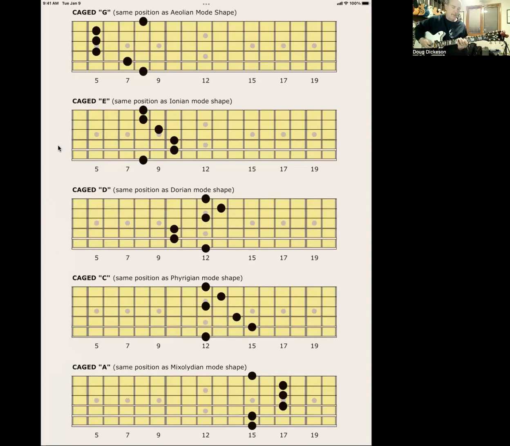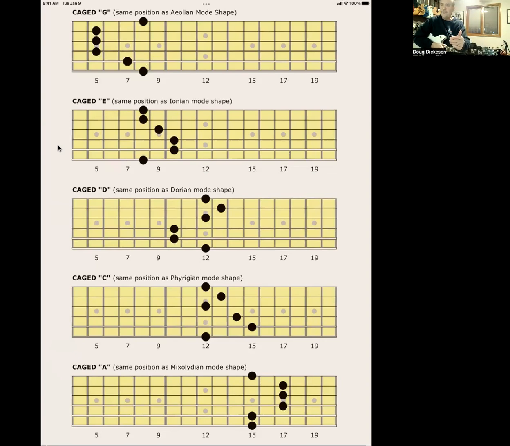Oops, excuse me. Yeah, I tend to play a G a little differently. So you can start to see how those fretboard navigation systems, the mode shape system, the pentatonic shape system, and the CAGED shape system, all relate to each other.